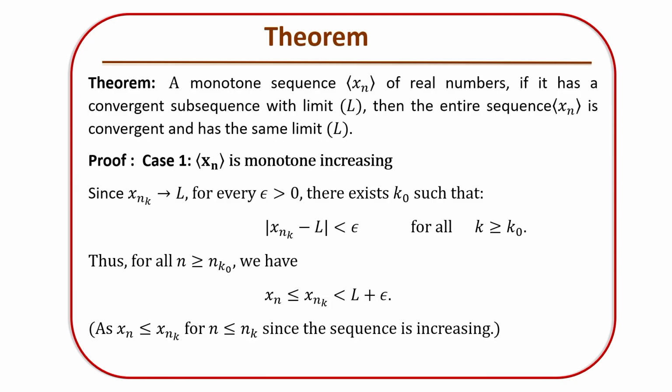Now look at monotonic, the frame is given. That means the sequence is either monotonic increasing or monotonic decreasing. And if that sequence has a convergent subsequence, that converges to some limit L, then the sequence itself converges to the same limit L. Can you imagine that if a subsequence converges to some limit L, then the whole sequence necessarily converges to the same limit?